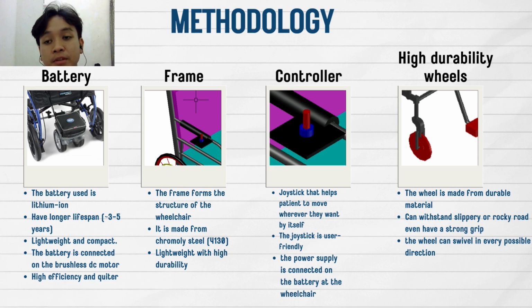Second is the frame. The frame forms the backbone of the wheelchair. It is constructed using chromoly steel 4130, a material known for its lightweight properties and high durability. This provides the necessary strength while keeping the wheelchair easy to maneuver and transport. Number three is the controller or joystick.